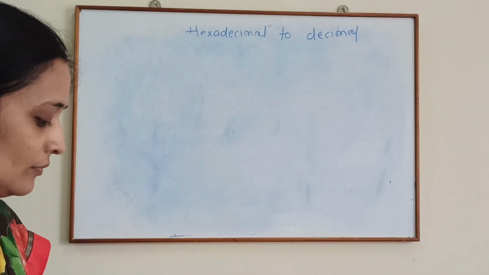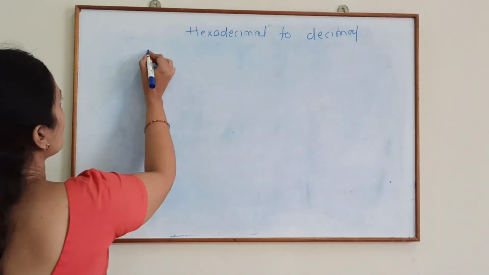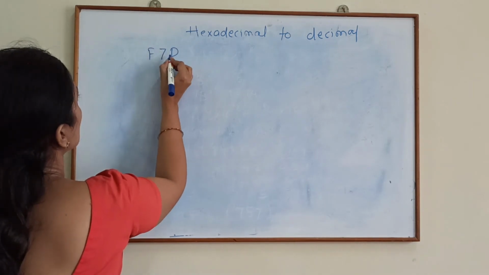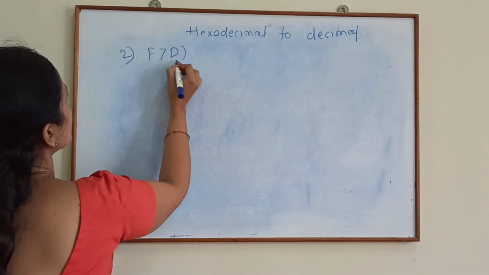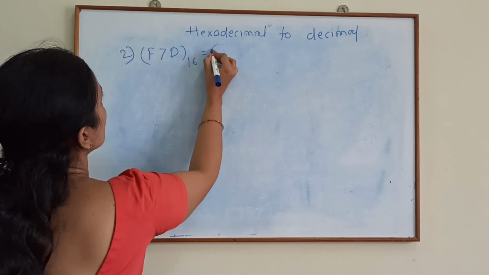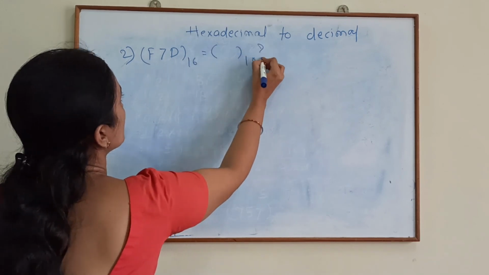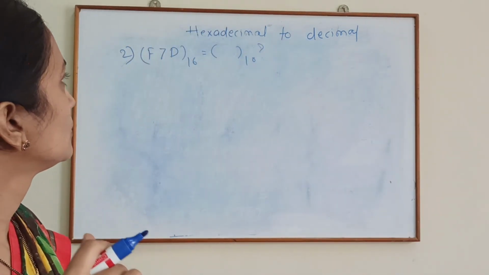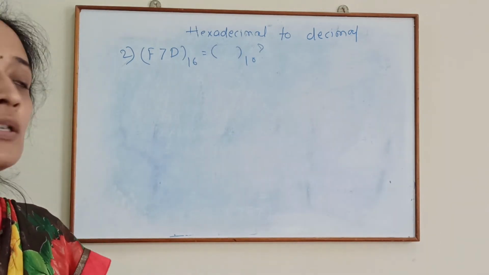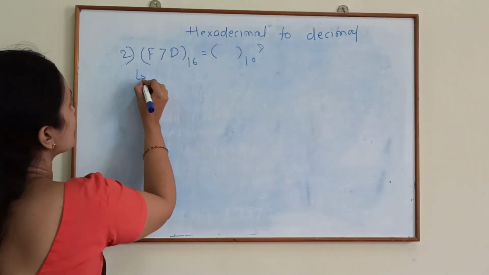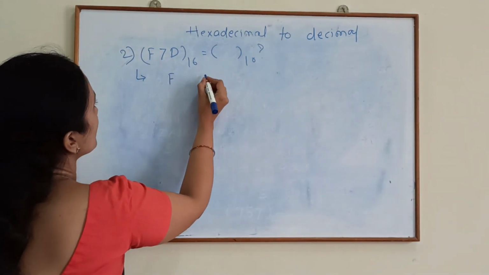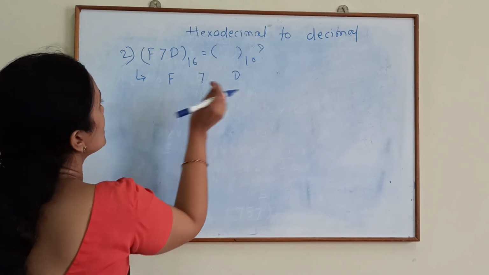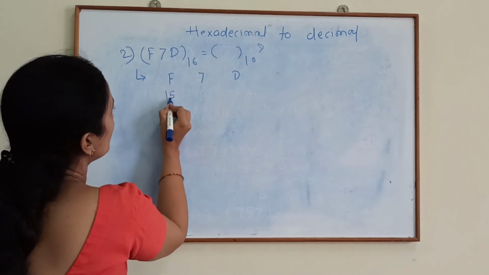Last example, F7D. Second example is F7D. We have to convert this into its decimal equivalent. What is the first step? Separate the digits. F7D. F means what? 15.